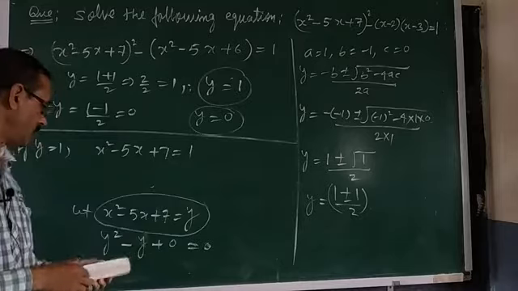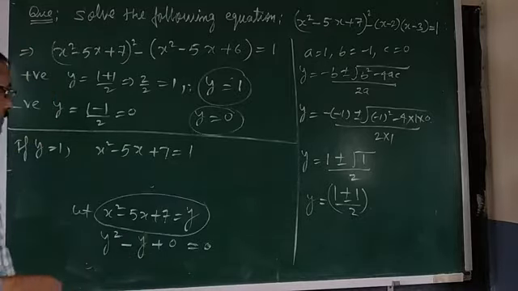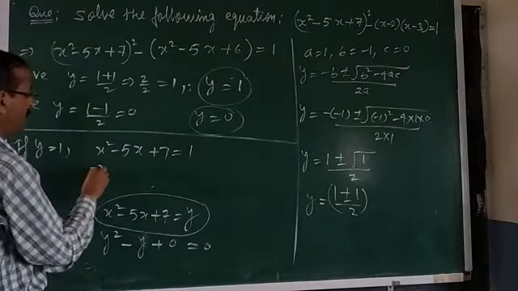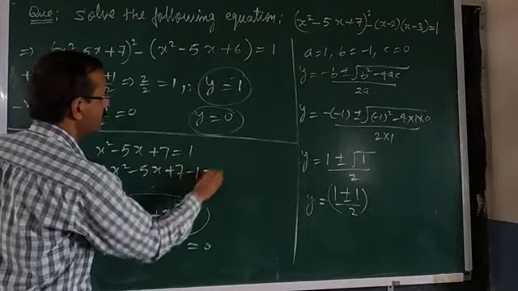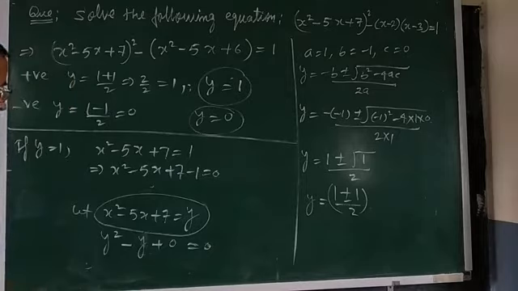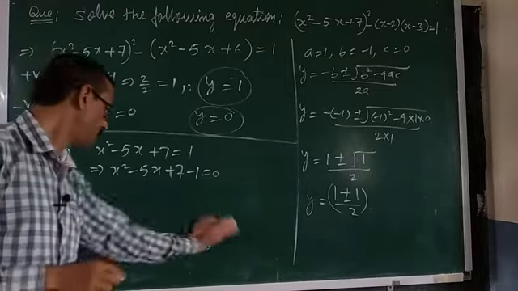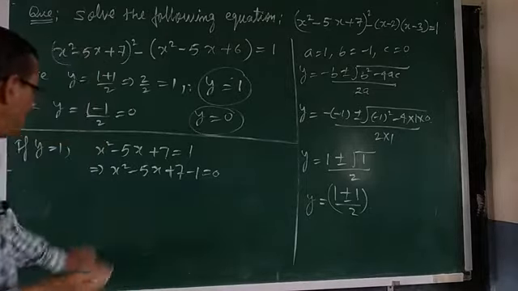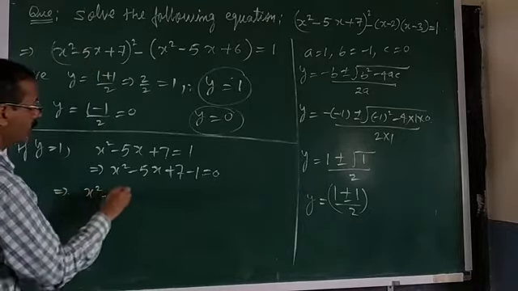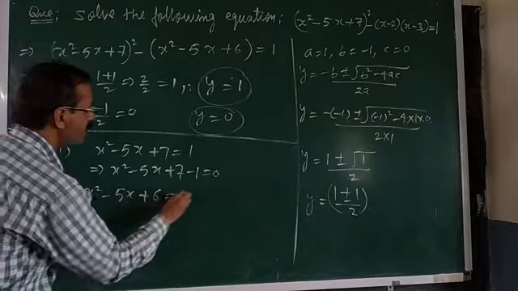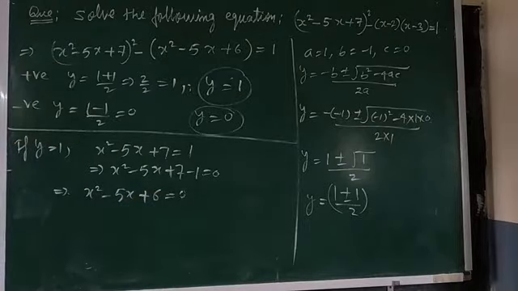Now transpose that. We can write x square minus 5x plus 7 minus 1 will be equal to 0. Now x square minus 5x plus 6 will be equal to 0.